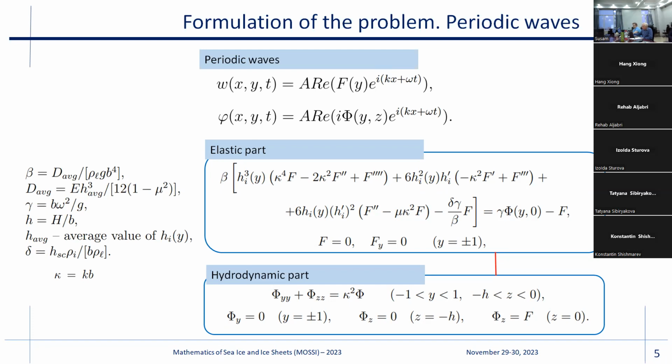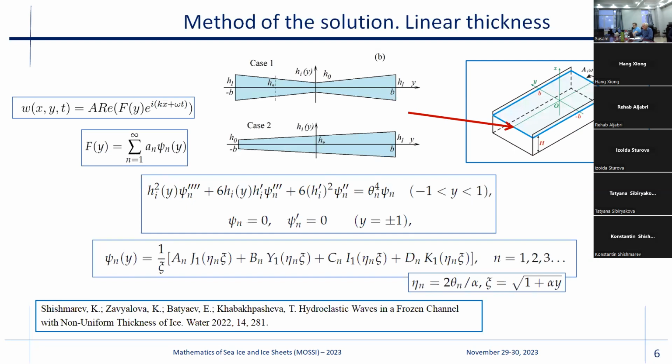The third case that we have studied is fully linear or symmetric linear ice thickness across the channel. The main idea here was that the wave profile across the channel can be solved as an infinite series of Bessel functions.